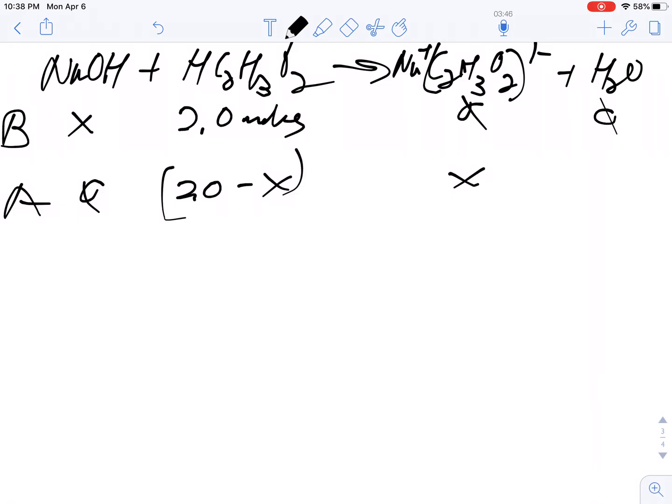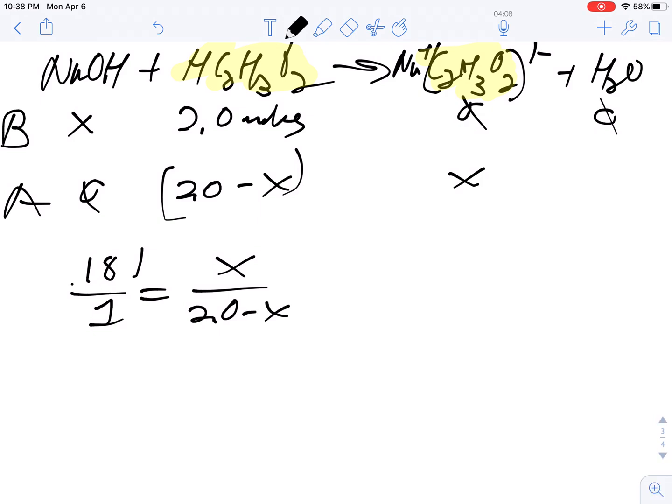So the ratio of my conjugate base to my weak acid, the ratio that I'm looking for is 0.181 to 1. Okay? That's the ratio I'm looking for. So then I just have to do a little bit of algebra.